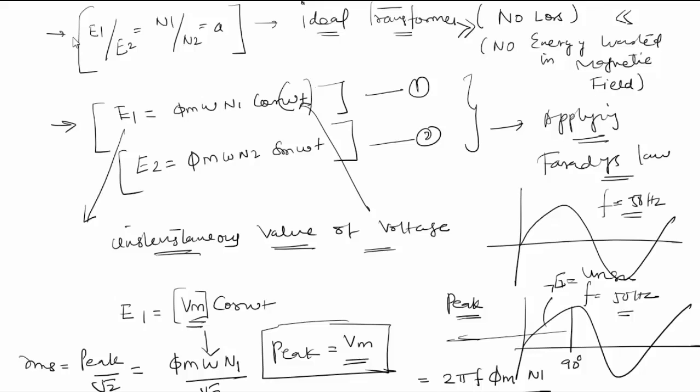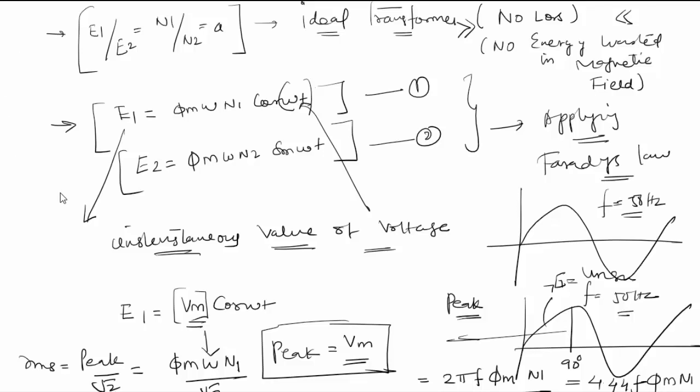Here 2 divided by root 2, times pi, comes close to 4.44 f phi m N1.